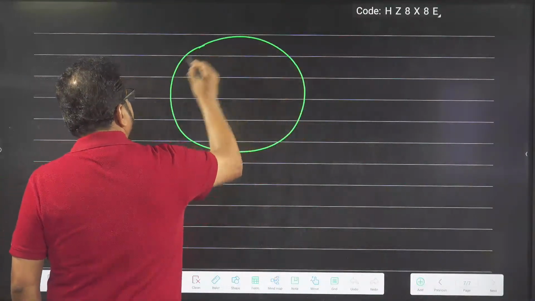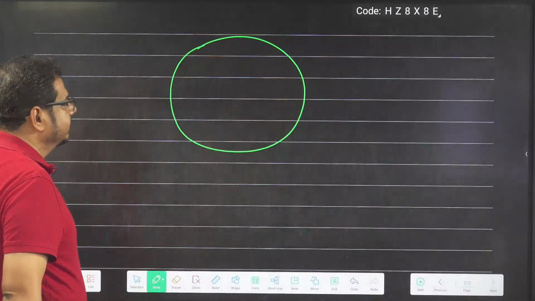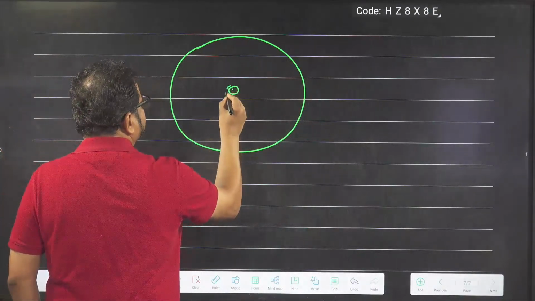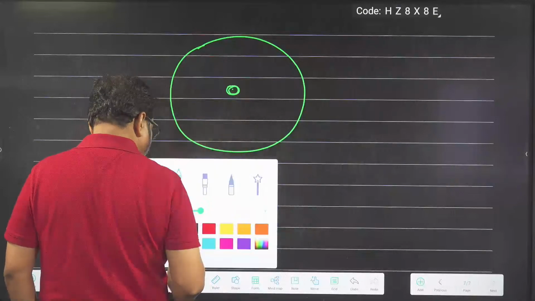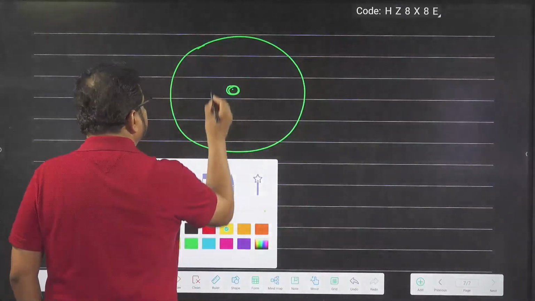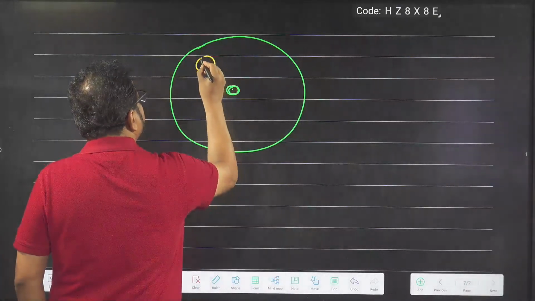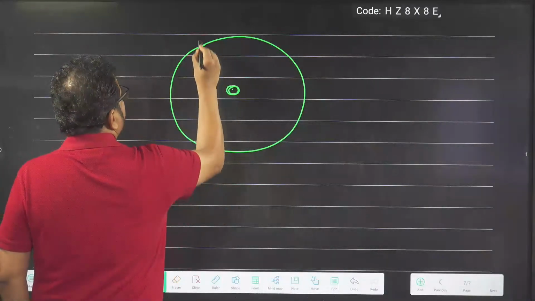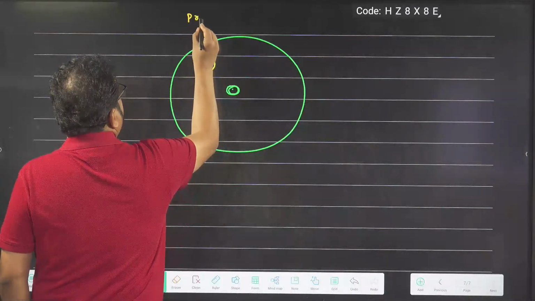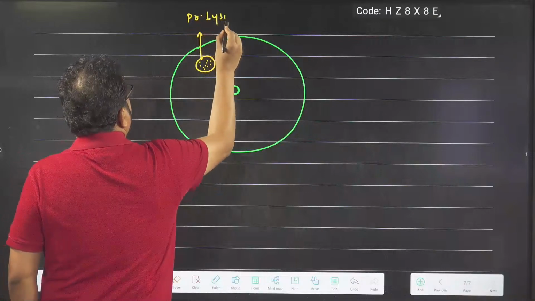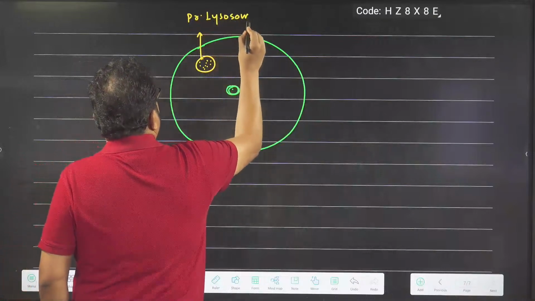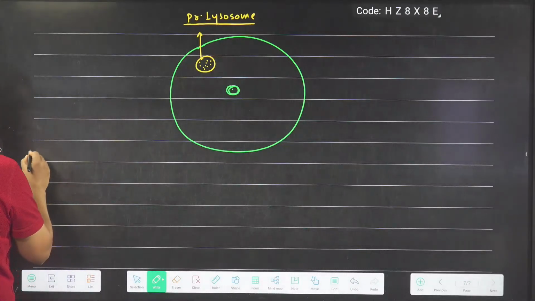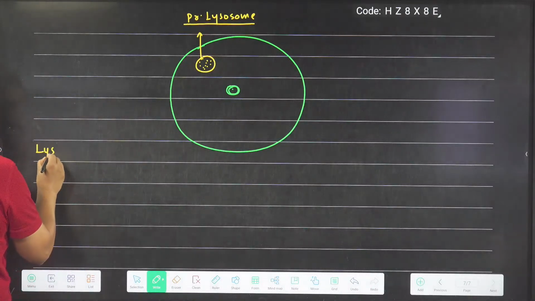This is an animal cell, assume. Here I am just symbolically drawing the nucleus. And assume this is a primary lysosome. So I am telling, polymorphic cell organelle means what?